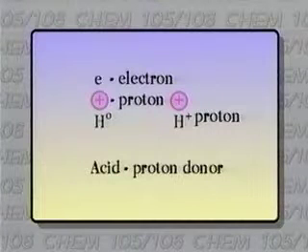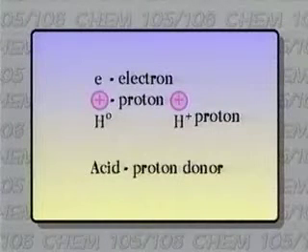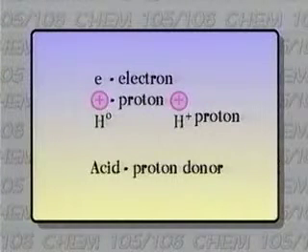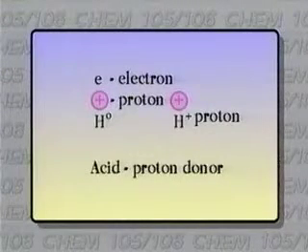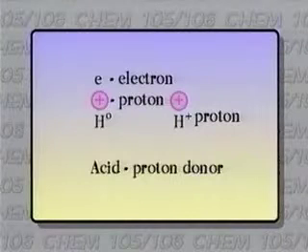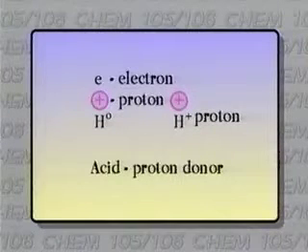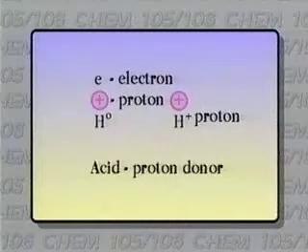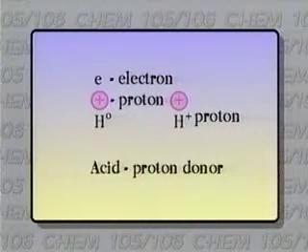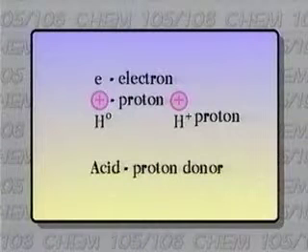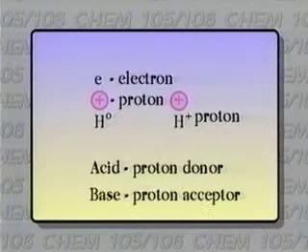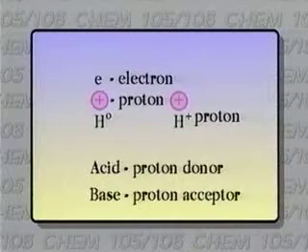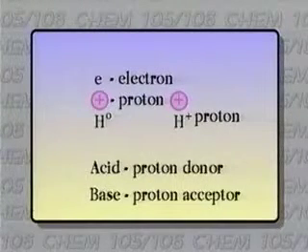Anything that would give up a hydrogen ion to the solvent was called an acid, a proton donor. Well, if one defines an acid as a proton donor, then of course the logical thing, because of the opposite properties of bases, would be to categorize a base as a proton acceptor. Anything that could accept a proton was then a base.